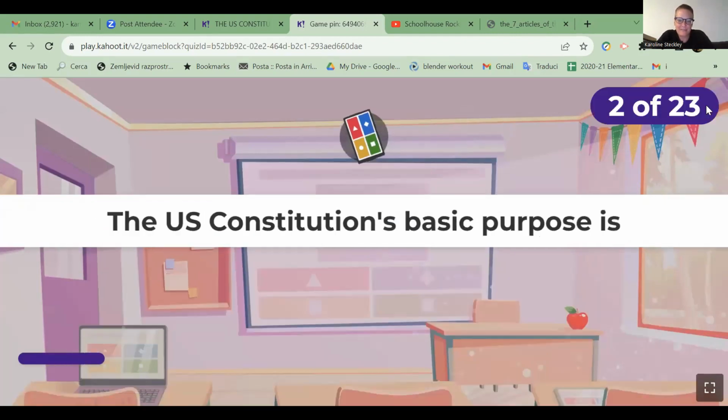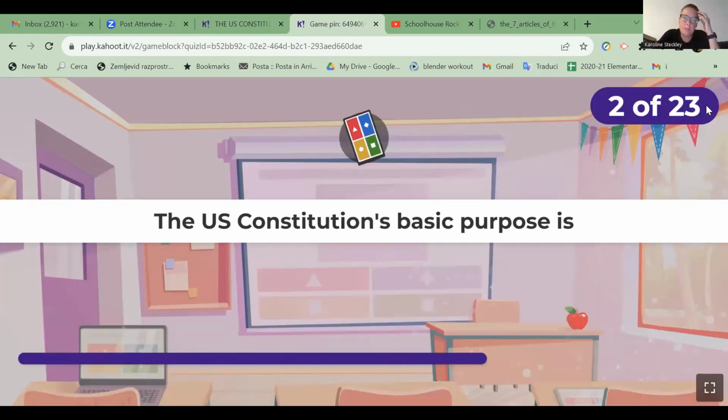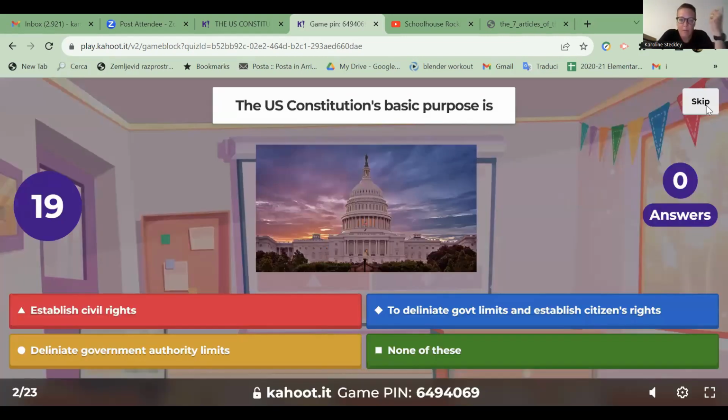Next. The U.S. Constitution's basic purpose, or the scope, is to: red, establish civil rights; yellow, delineate government authority limits; blue, delineate government limits and establish citizens' rights; or green, none of these. Remember, you can have more than one answer.